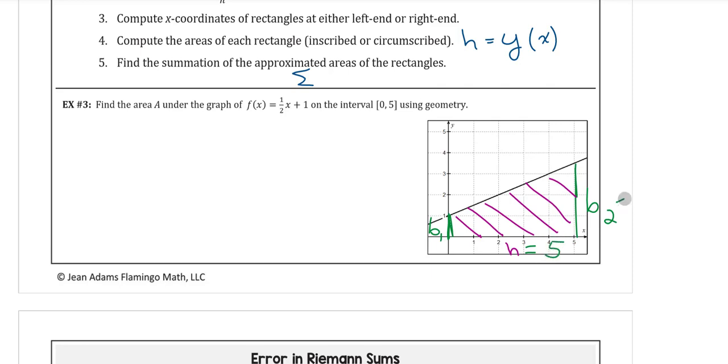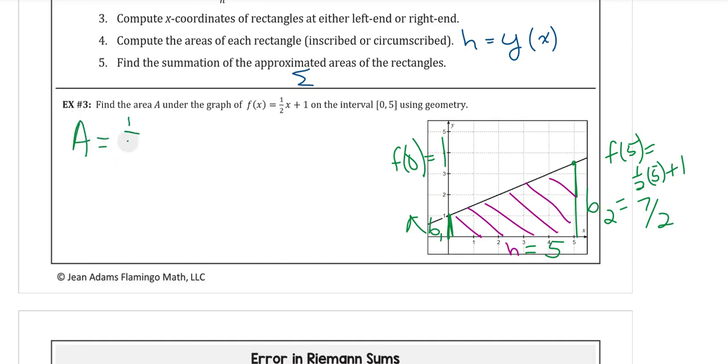B2 is where it hits the graph here, so I have to do f of 5. I get 1/2 of 5 plus 1, so I get 7/2. Then for B1, I'm going to do f of 0, so I get 1. Putting that all together, my area is going to be 1/2 the height times B1 plus B2.